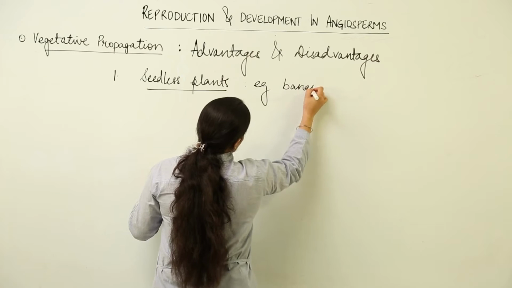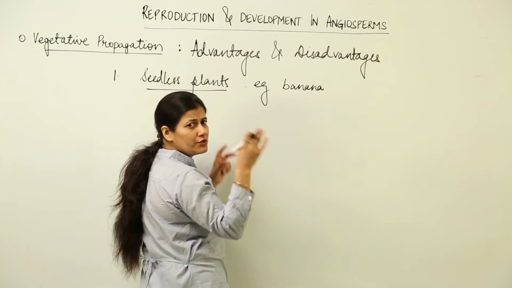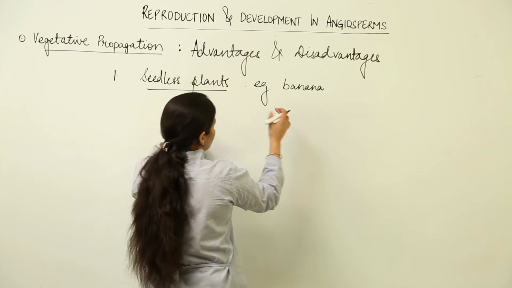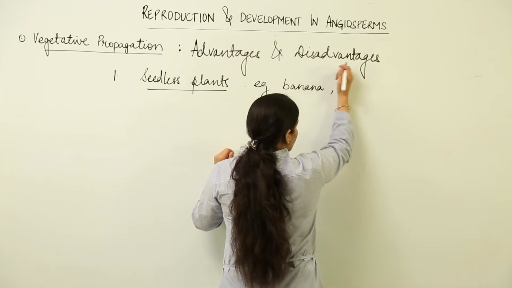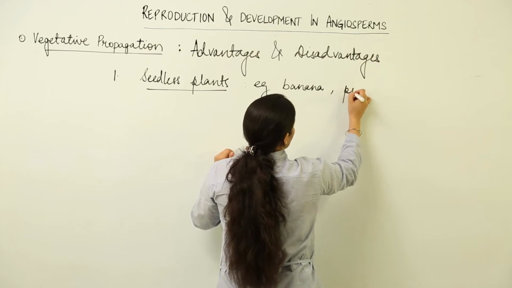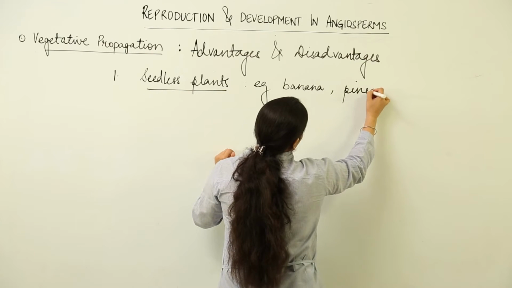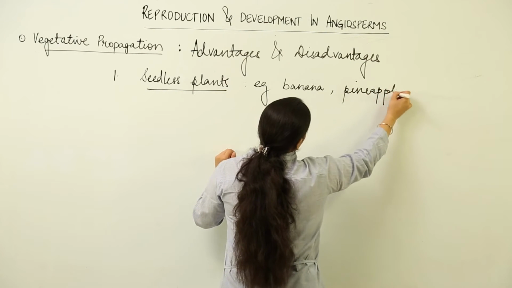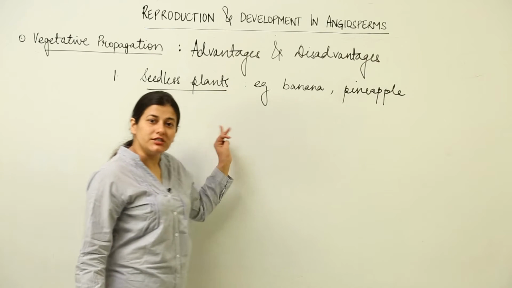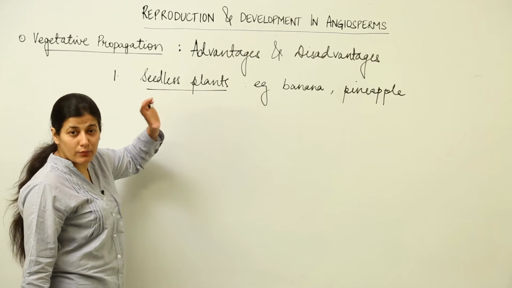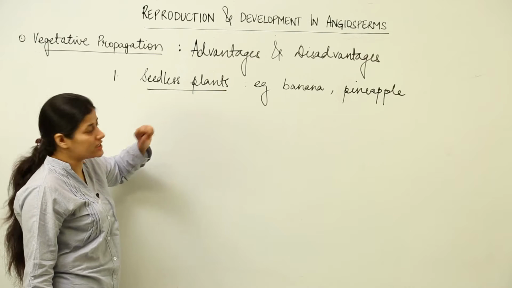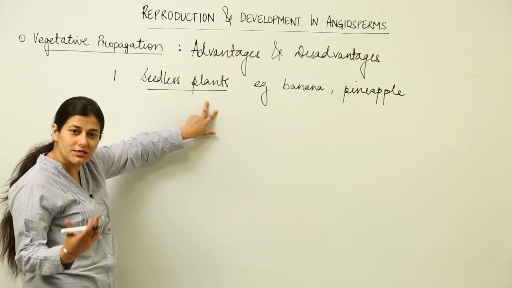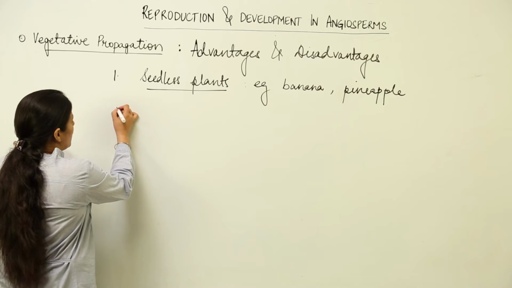These are the simplest examples, and if ever you don't have any idea what would be the advantages and disadvantages, you cannot recall the entire topic, do remember banana and pineapple. They are propagated using their vegetative propagules, and why it is preferred to have vegetative propagation in this case is because they are seedless plants. So, it is easier to obtain the offsprings.